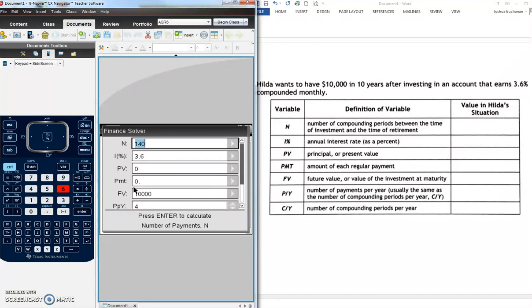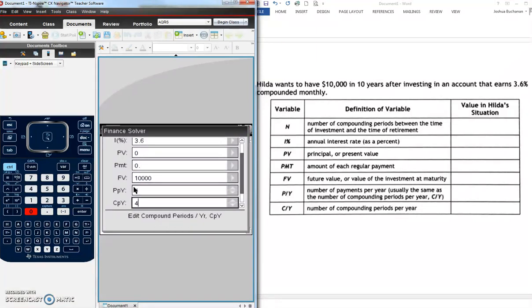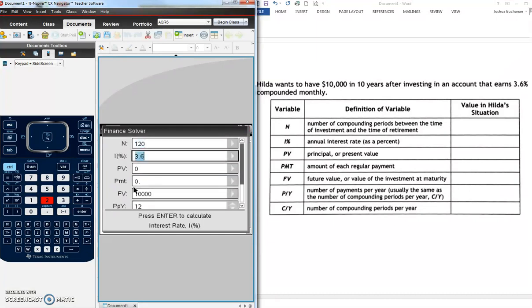And the compound periods times the time. Well, it says compounded monthly times 10 years. So there is 120 compound periods. And then the payments per year and the compound periods per year should be 12. And because we do not know what the present value is, we need to solve for the present value.